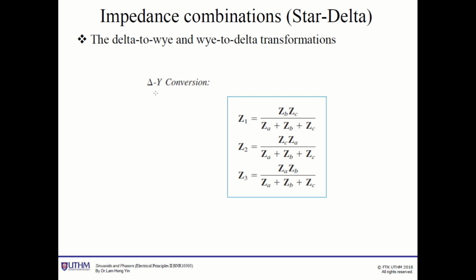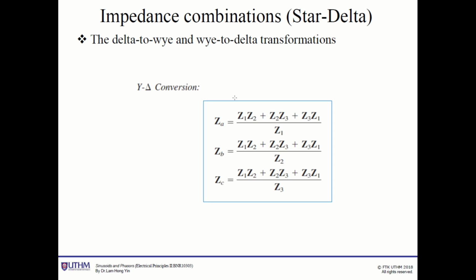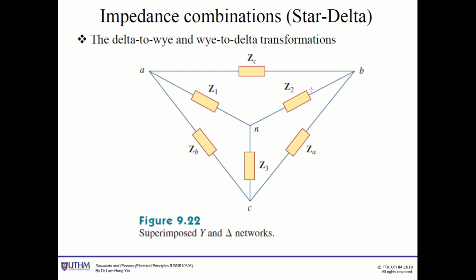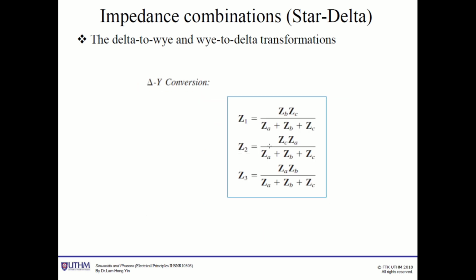And how about the equation for delta to Y conversion? From delta here, you want to convert it to the Y circuit over here. So you have to use this equation. If you look at these three equations, you will find that the lower part, ZA plus ZB plus ZC, is the same. The difference is the upper part: ZB ZC, ZC ZA, ZA ZB.